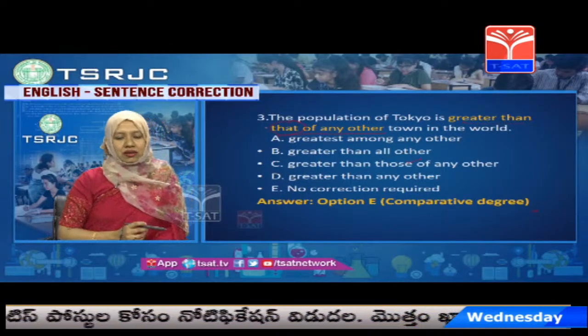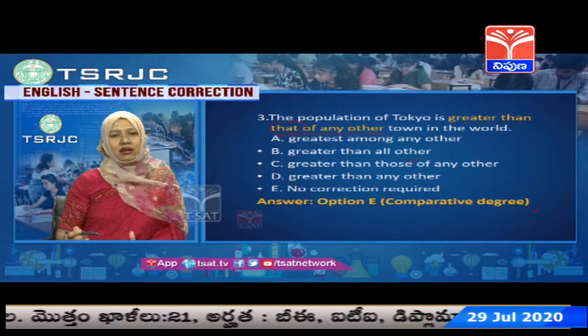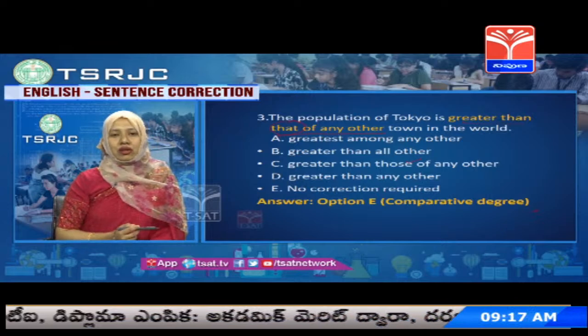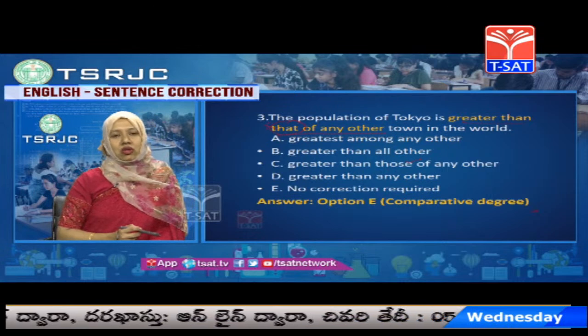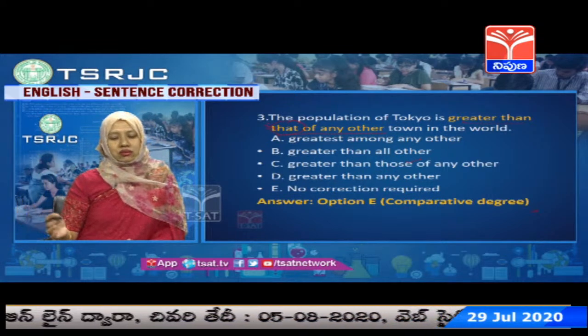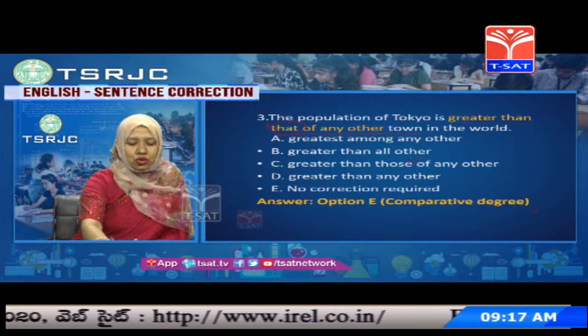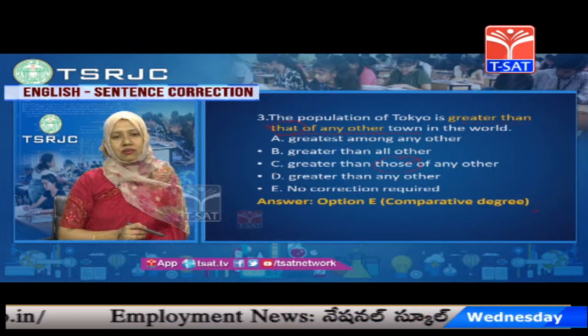The population of Tokyo is greater than those of other towns in the world. You cannot say that. That is wrong here. You are comparing with many towns, other towns. So, here you should use those, not that.